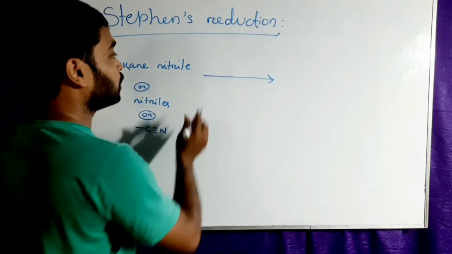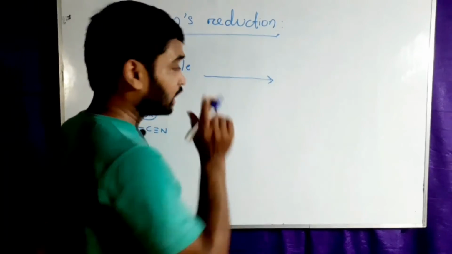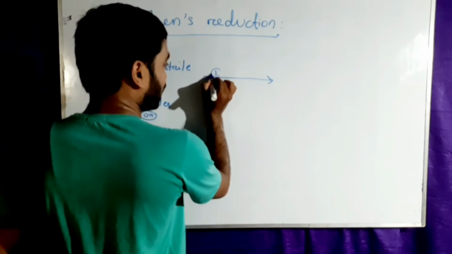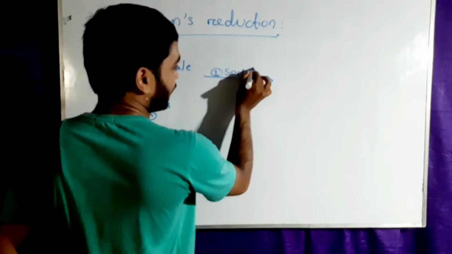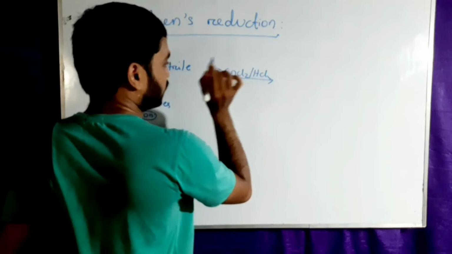That means the first step, what happens? The reduction occurs. That means in the first step, stannous chloride over hydrochloric acid reacts.